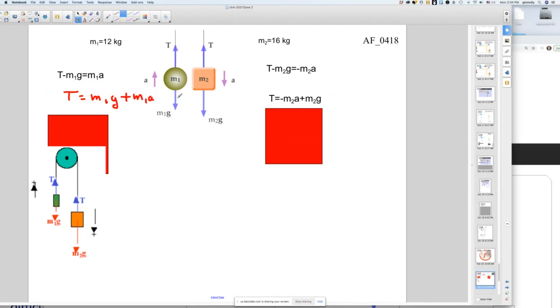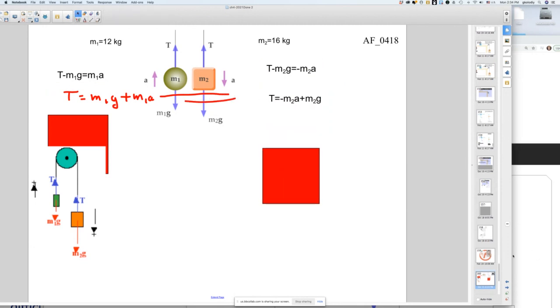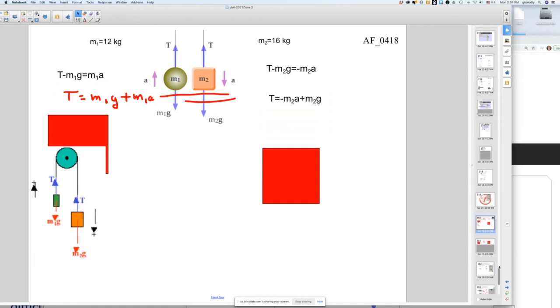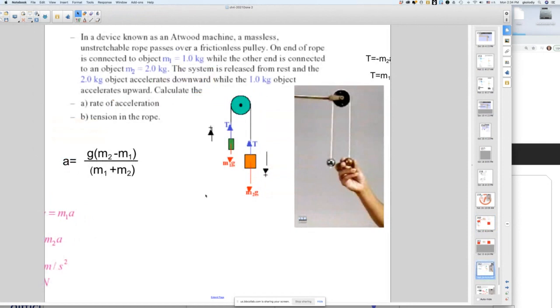And this T is the same as this one, so I'm going to let this equal that in the next slide. I have it over here. One equation gives you T this, the other equation gives you T that. So I let this equal that.